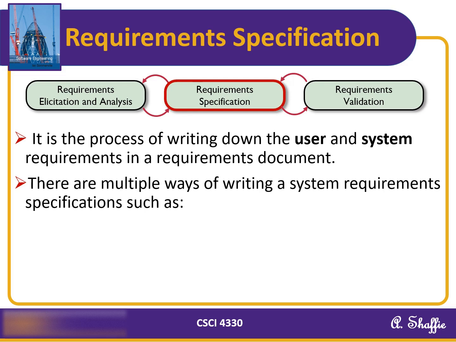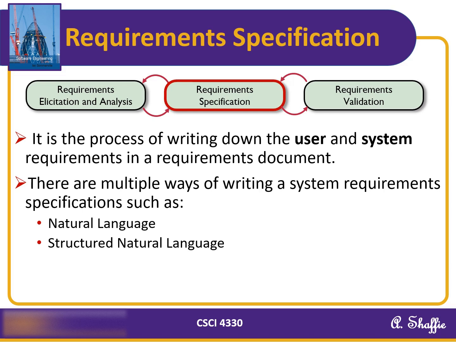There are multiple methods for writing system requirement specification. I will start with the first one, which is natural language. Here, requirements are written in numbered sentences using plain language, with each sentence expressing a single requirement.